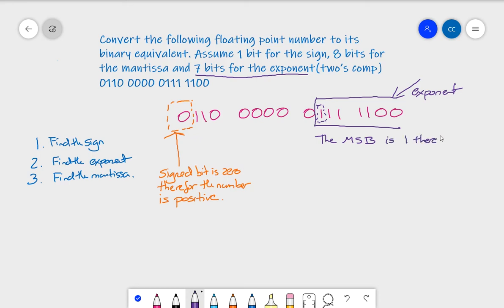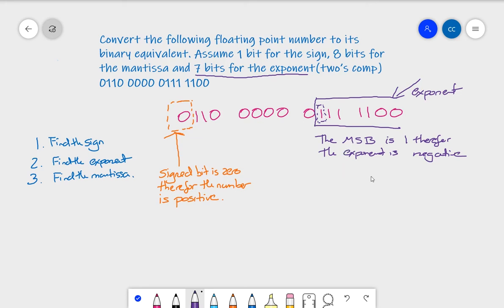Therefore, the exponent is negative. That's really important, because now we know that this number has been represented using 2's complement. If that had been 0 in there, then we would know that it was just a regular binary representation of a decimal number, not 2's complement. But in this case, because it's a negative number, we know that it's using 2's complement.